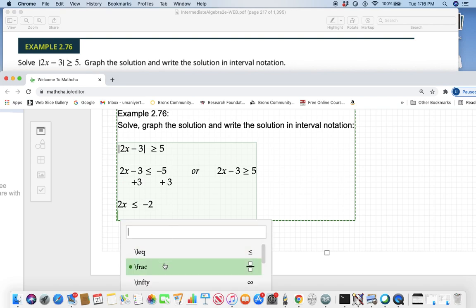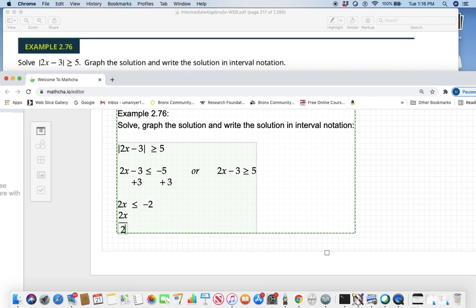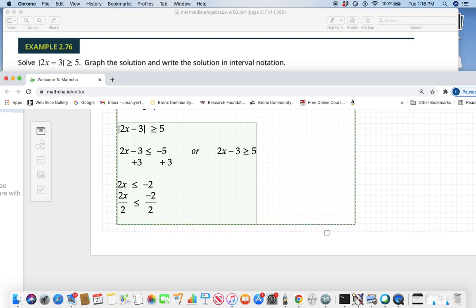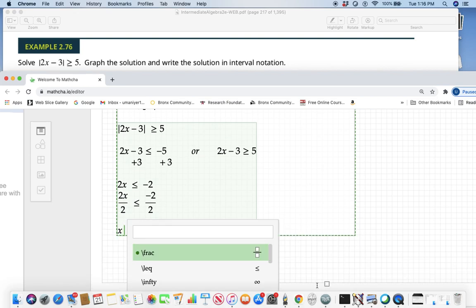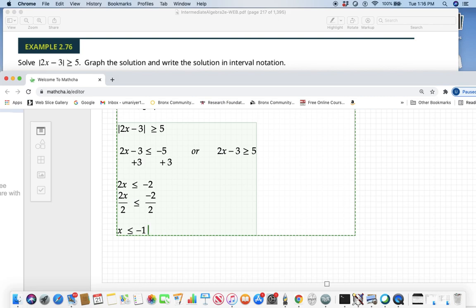Divide both sides by 2. Remember, 2 is a positive number, so inequality doesn't change. So this is x less equals negative 1. Okay, and that or continues out here.